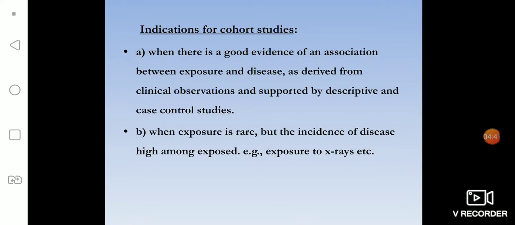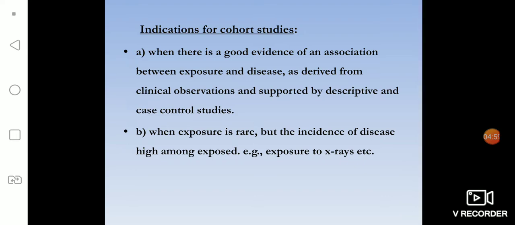Indications of cohort studies. The first indication is when there is good evidence of an association between exposure and disease as derived from clinical observations and supported by descriptive and case control studies.